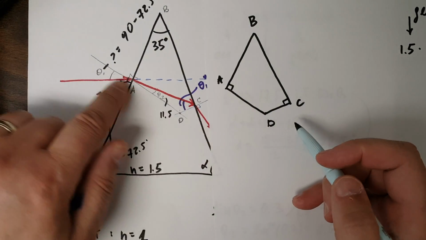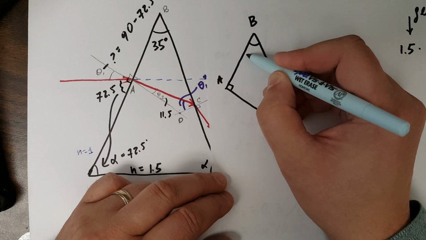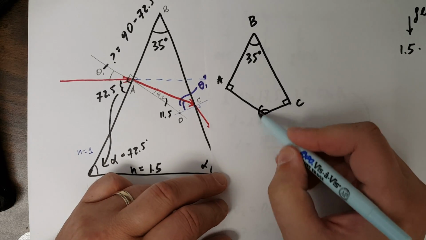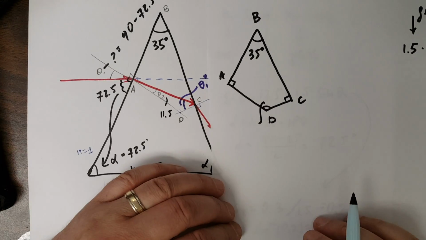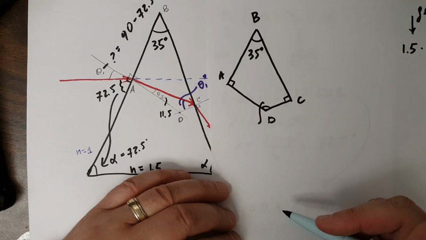That's the first normal. That's the second normal. This angle has to be equal to 35 degrees. So this angle D is a part of this figure which has four vertices, right?